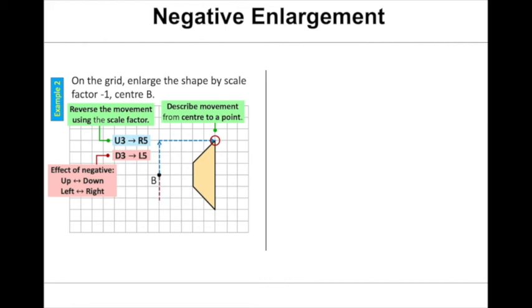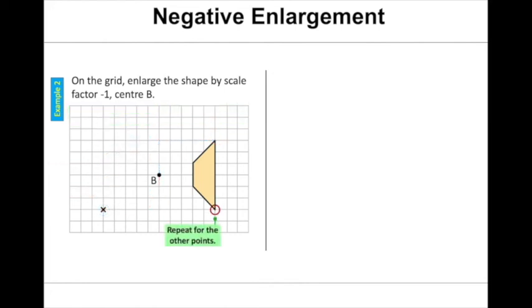That is the new point on the image. Pick another point. That is down by 3 and right by 5. I hope you can see it. That's 1, 2, 3 down, 1, 2, 3, 4, 5 right. And the reverse is, of course, up by 3, left by 5.